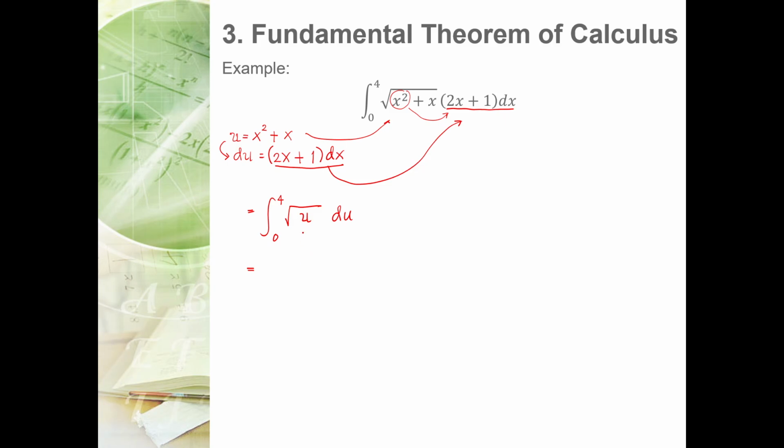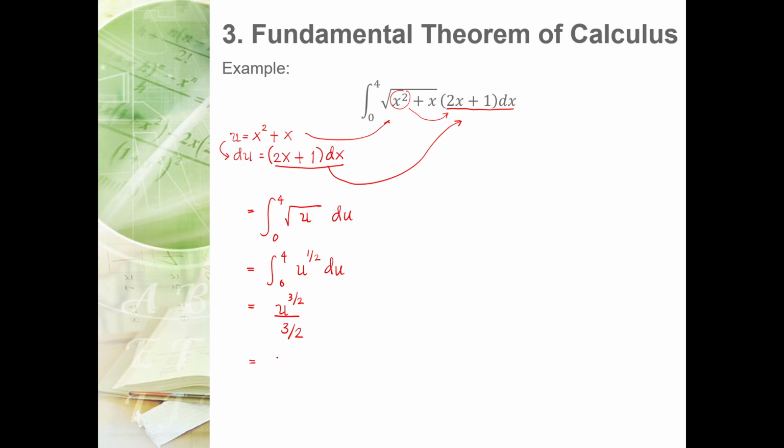Okay, so the integral of square root of u, in terms of exponential form, is u to the power of 1/2 du. Okay, so we now have, plus 1, so this becomes u to the 3/2 all over 3/2.